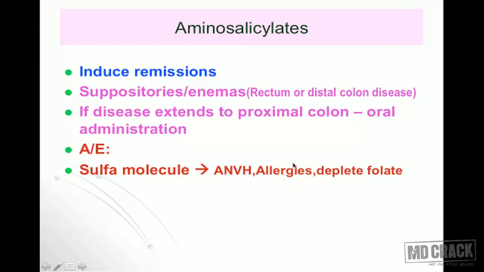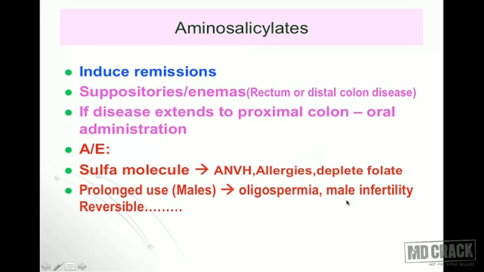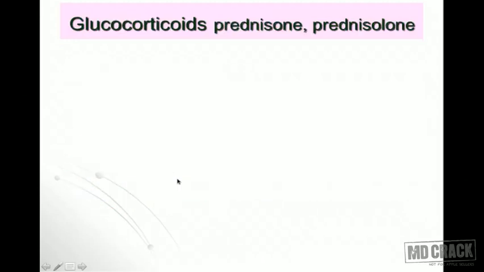So due to the sulfur molecule, you get mainly the hypersensitivity reactions, GI intolerance and depletion of folate. Prolonged use of aminosalicylates in males is known to produce oligospermia and male infertility, which could be reversible. So these are the adverse effects of the aminosalicylates.